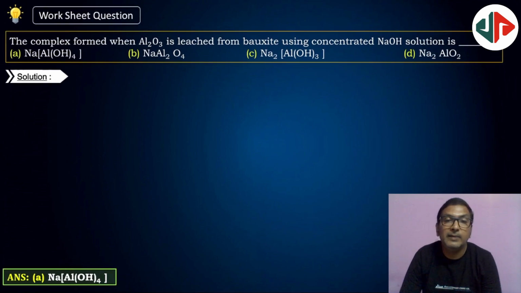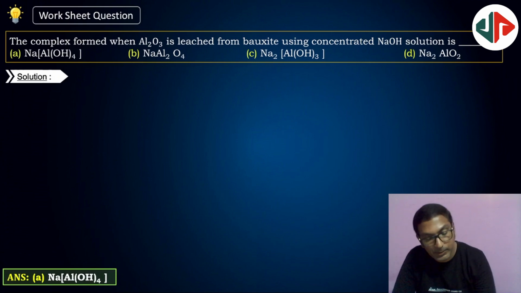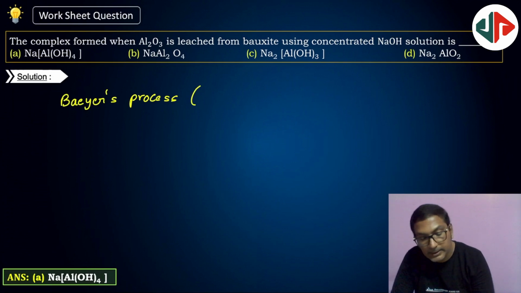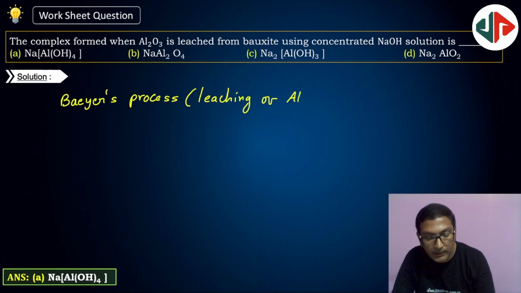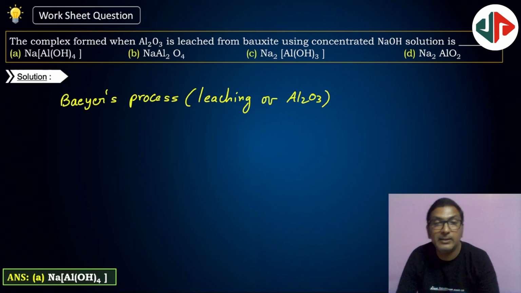Next. The complex formed when Al2O3 in bauxite is leached using concentrated NaOH. This is Bayer's process, the leaching of Al2O3, which is bauxite, white bauxite.